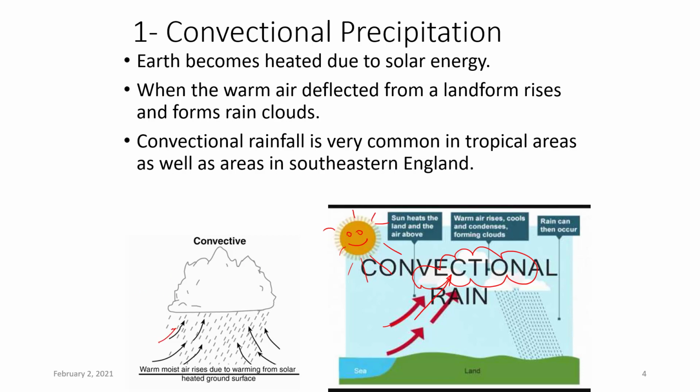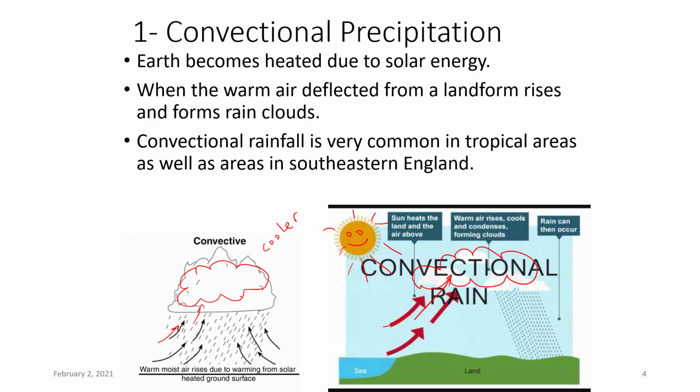When the moist air rises because of the solar energy, because of the heated ground surface, it rises and forms a cloud. In the atmosphere, the upper parts are cooler than the earth.